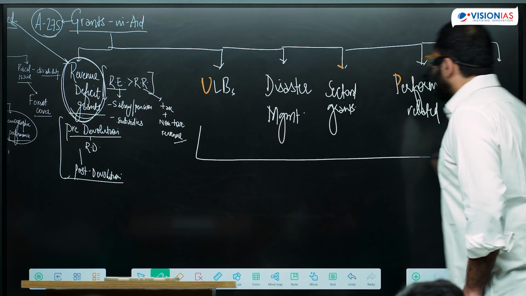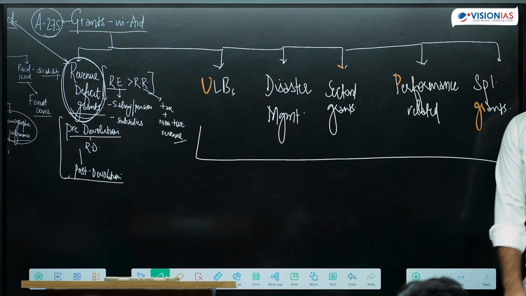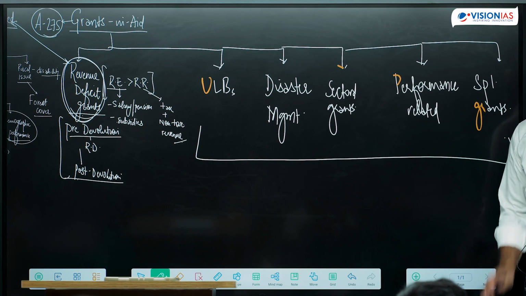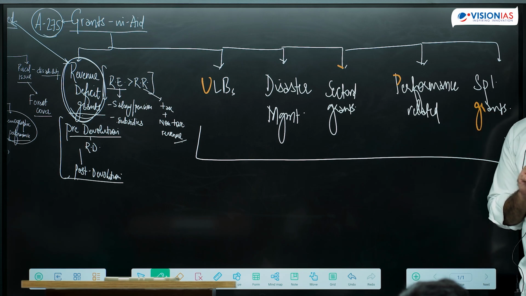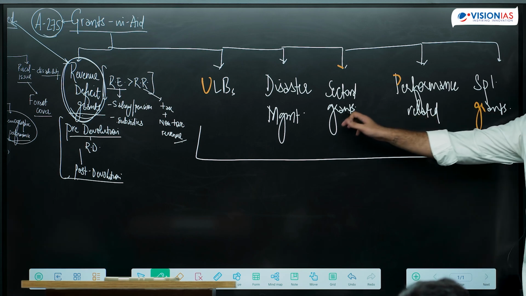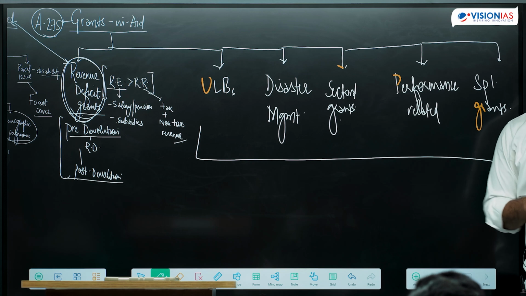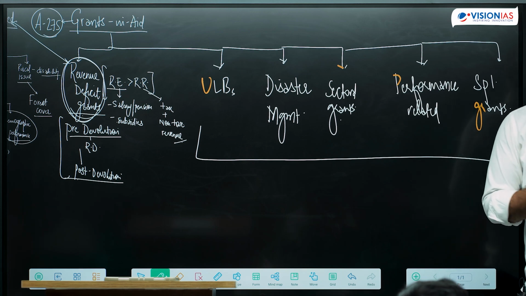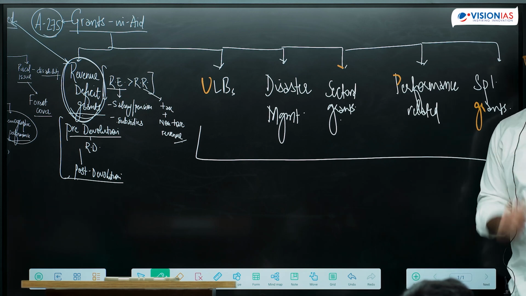All of these grants is what the Finance Commission can decide. Not every Finance Commission has given this. For example, the 14th Finance Commission did not have sector grants. Sector grants, for example, for improvement of agriculture, for improvement of health, for improvement of education.